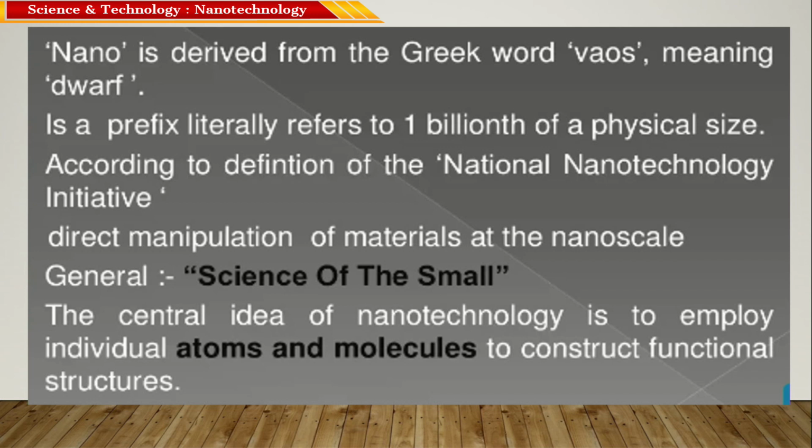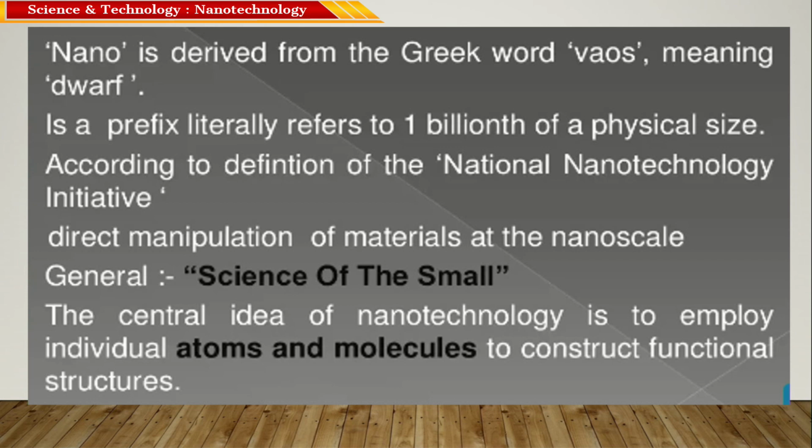It is a prefix that literally refers to 1 billionth of a physical size. For example, if you take a 1 millimeter particle, we have taken 1 billionth of that size. You can imagine it can be identified only with maximum magnification.